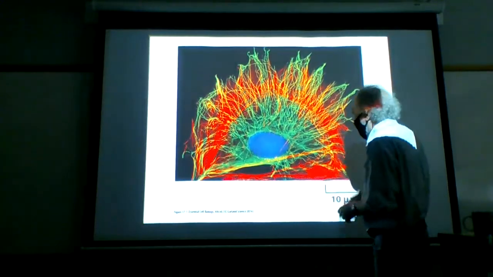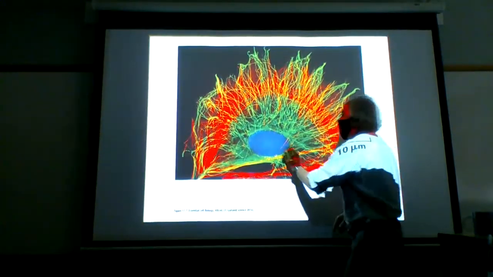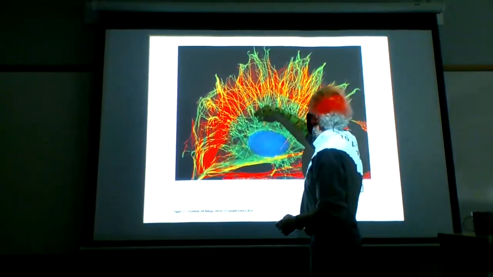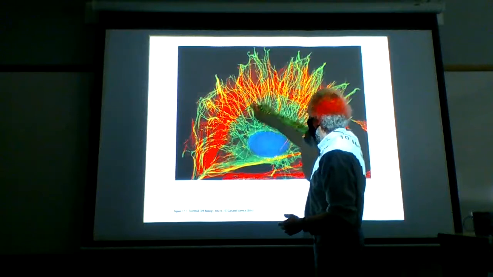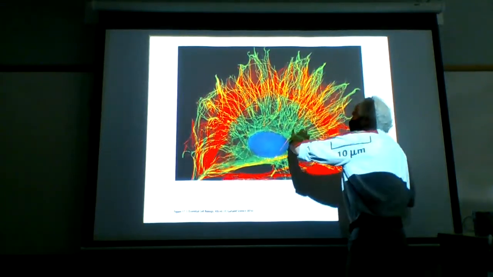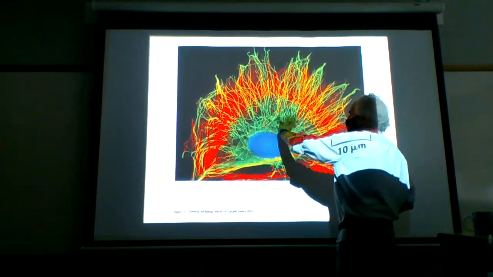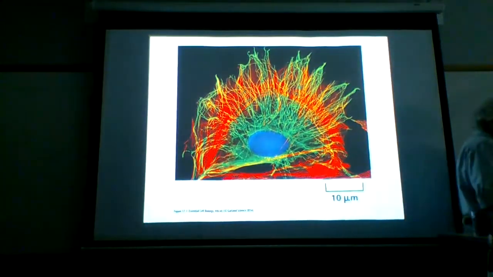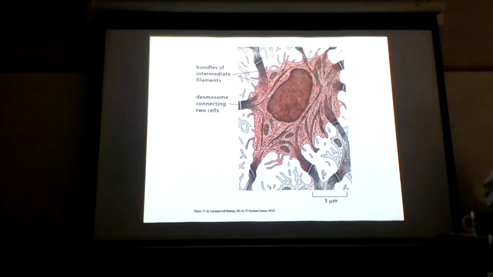Okay, this is a lovely fluorescent micrograph in which we're staining for actin, which we're about to get into, and microtubules. So here are microtubules that are making their way out, and so we can imagine vesicles going this way and that way. This is part of the trans-Golgi network, and so there you go. And intermediate filaments.